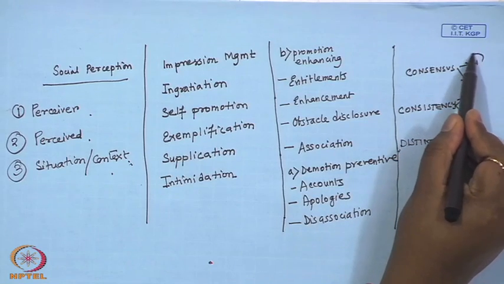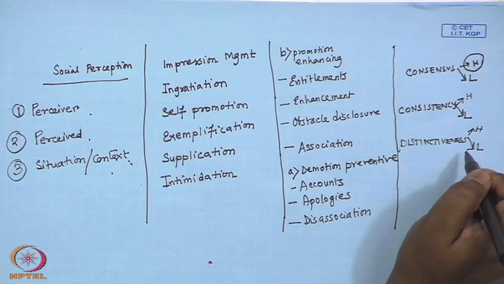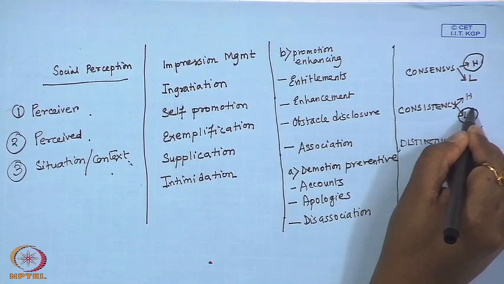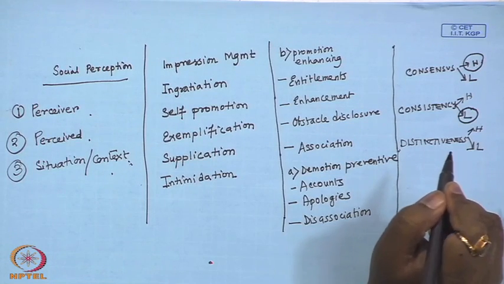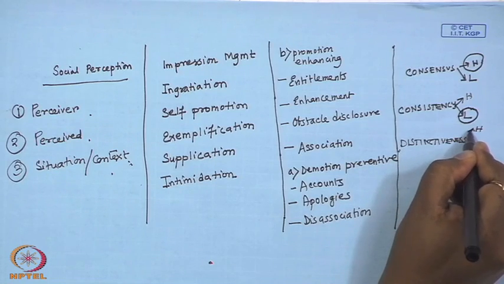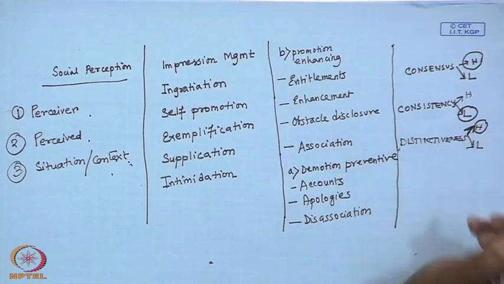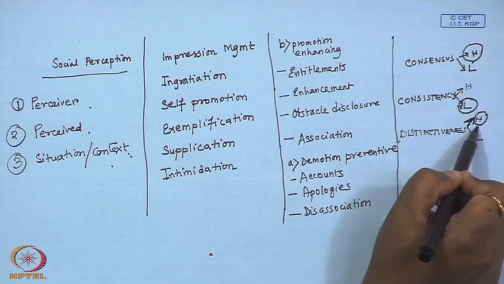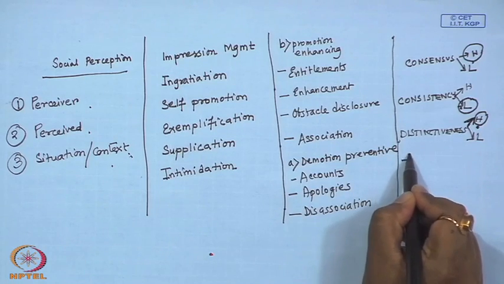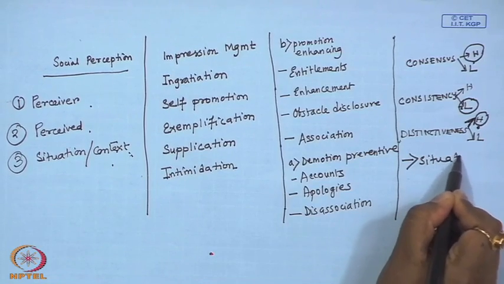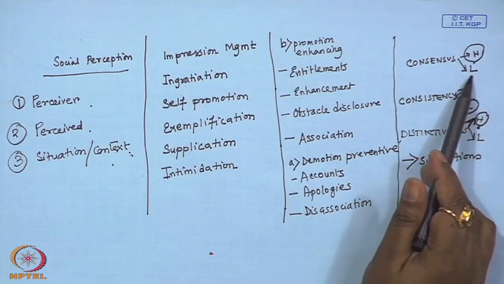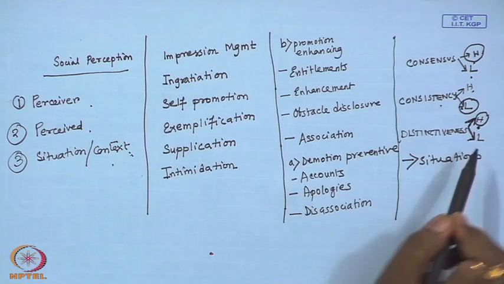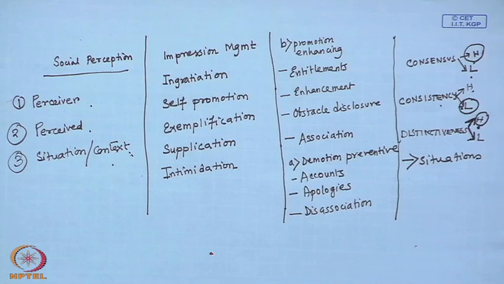If consensus is high, consistency is low and distinctiveness is high, we attribute the cause to situations. But if consensus is low, consistency is high and distinctiveness is low, we say it belongs to individual dispositional attributes.